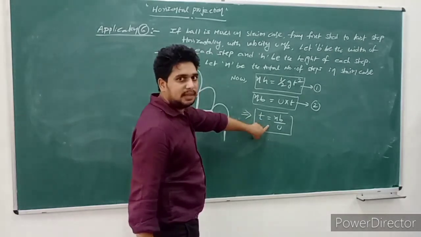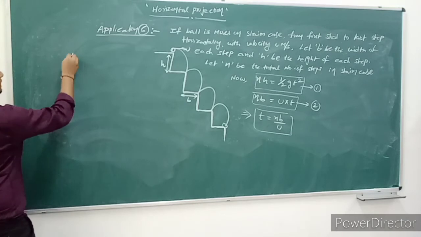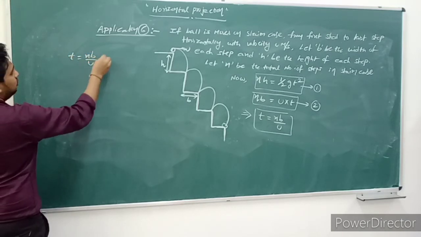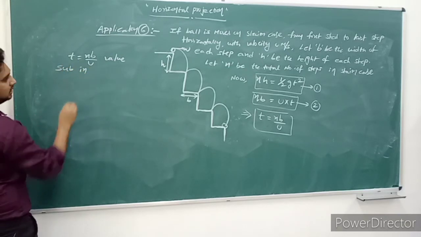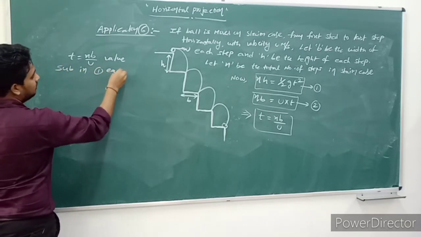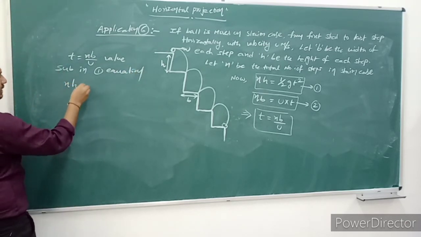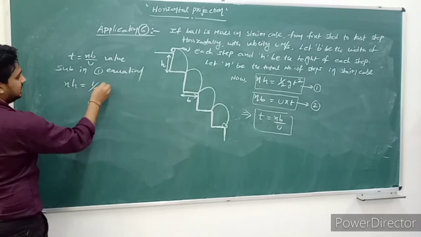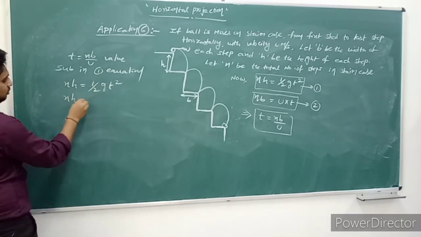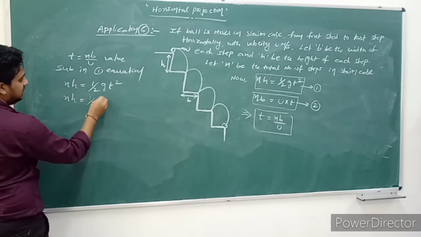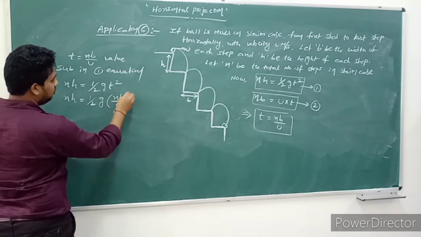This t value is substituted in the first equation. So n h is equal to half g t square, which means n h is equal to half g into n b by u whole square.